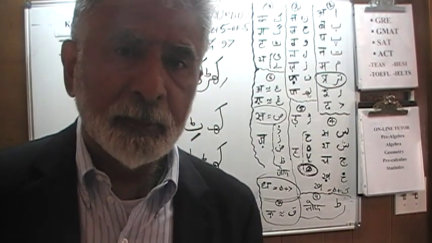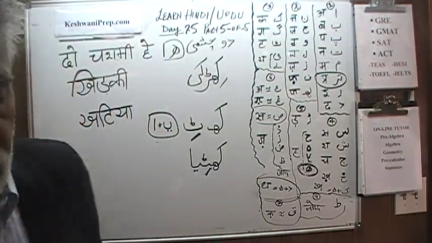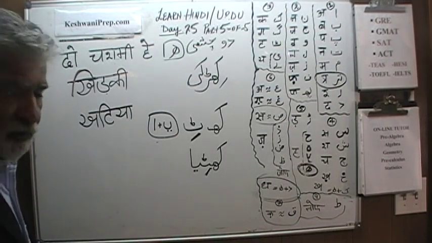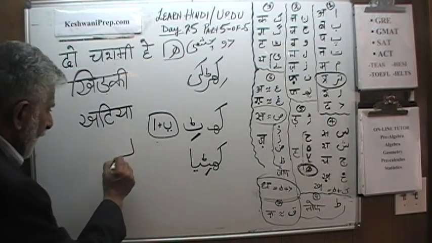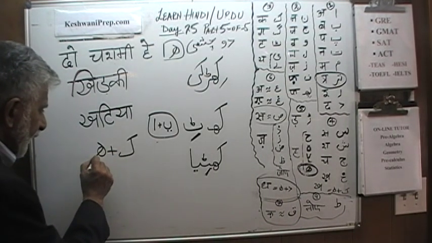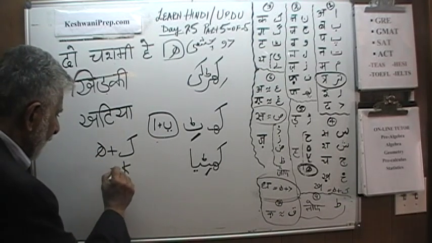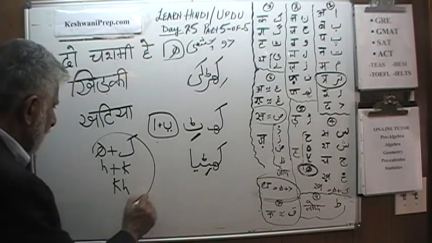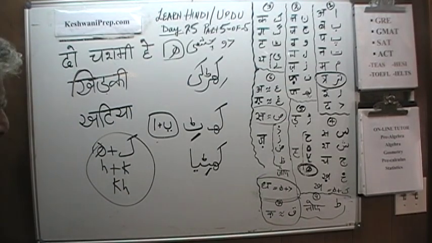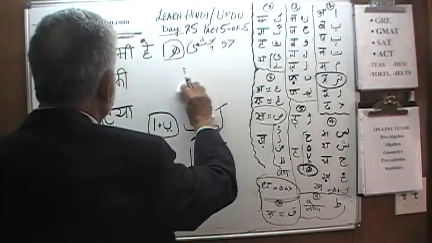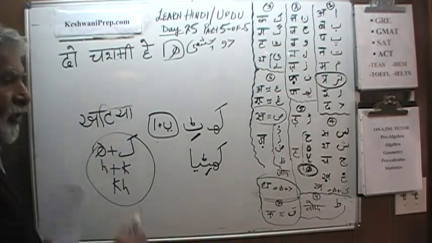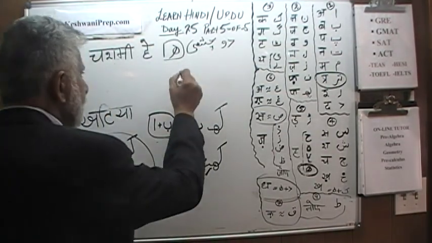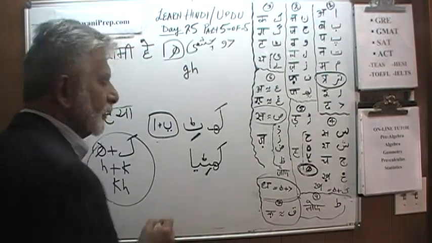Let's do some examples with the sound g. So this one that we've been doing so far, we combine our kaf and the do chashmi here. This is k plus h. K plus h makes a kh. That's how we write kh in English. Now we're going to do some words which require combining g, gaf, with the h.